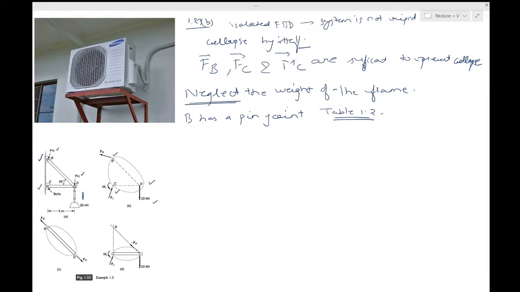If you look at table 1.2, it tells you that if you have a frictionless pinned joint, then it can be seen as a force which passes through the pin. It also says that there is no torque about the pin. So it is referring to a frictionless pin joint.